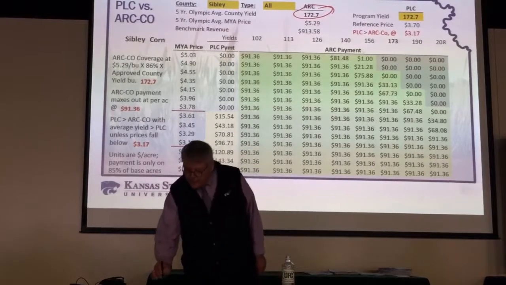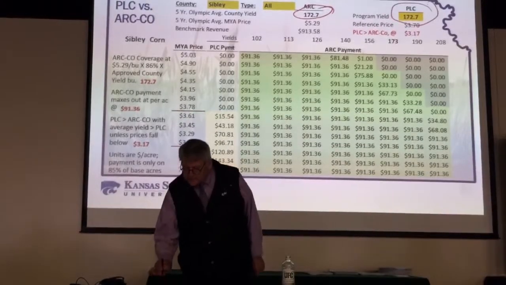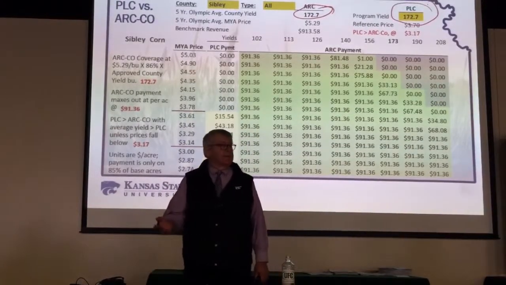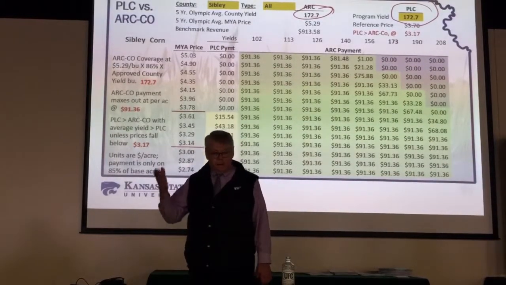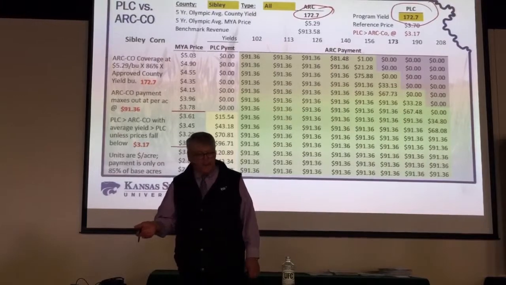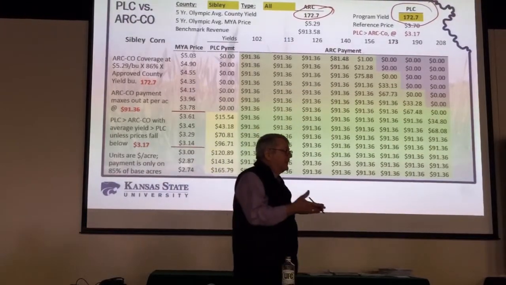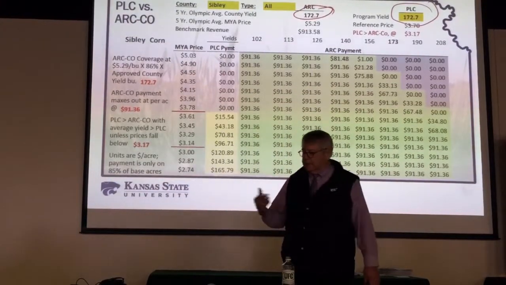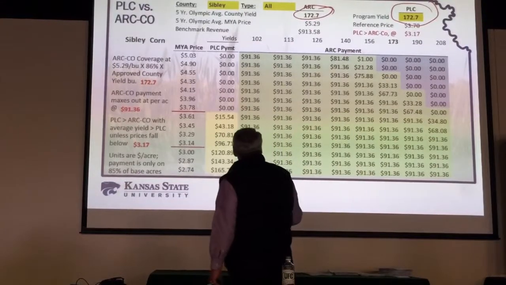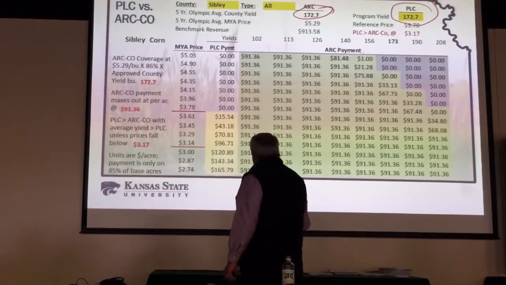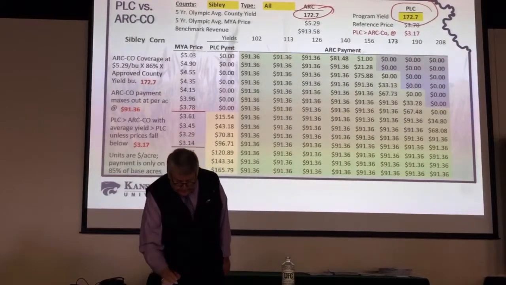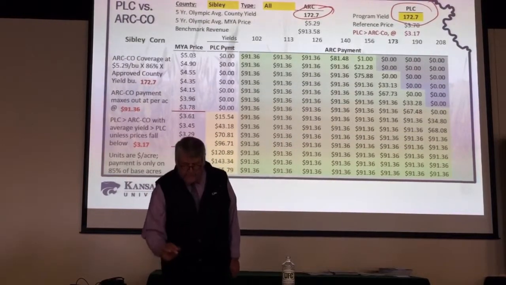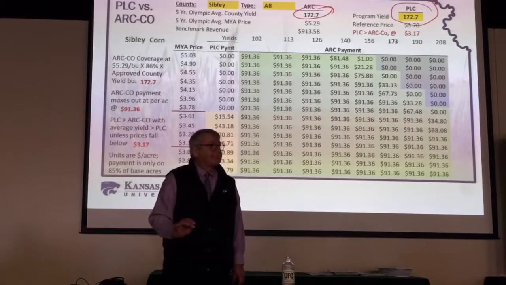Now, for comparison purposes, I assume this was the average farmer that doesn't exist, that his payment yield that he updated just happens to be the same amount as the Olympic average county yield. So it's 172 also.